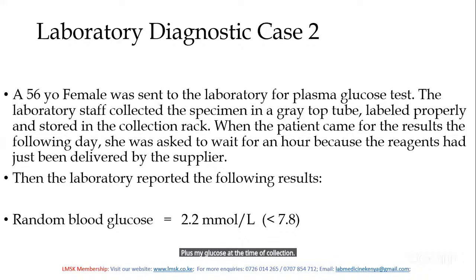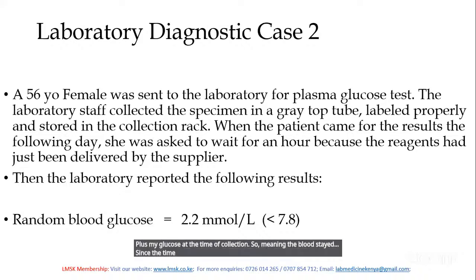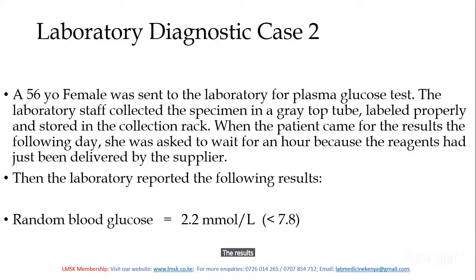So meaning the blood stayed since the time of collection until that particular time when the reagents had just been supplied. The random blood glucose was 2.2. This is even below the fasting. It's even lower below the fasting blood plasma glucose.